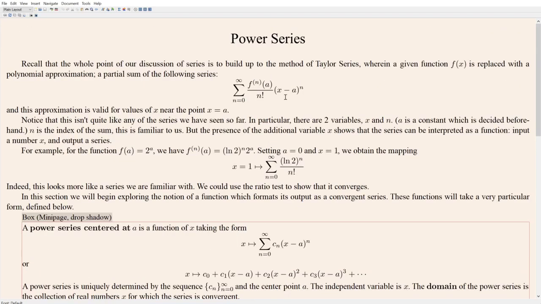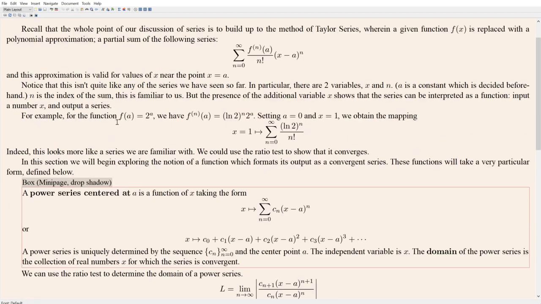And the interpretation of this expression here is as a function. Namely, a function where you input a number x, and the output is a series. So for instance, say that we were looking at the function f equals the exponential function with base 2.